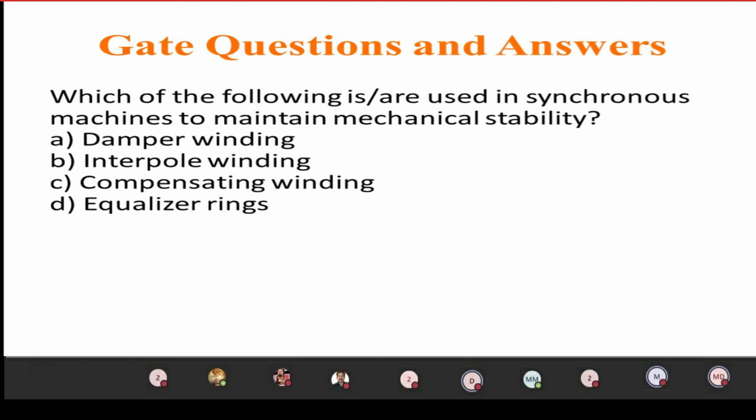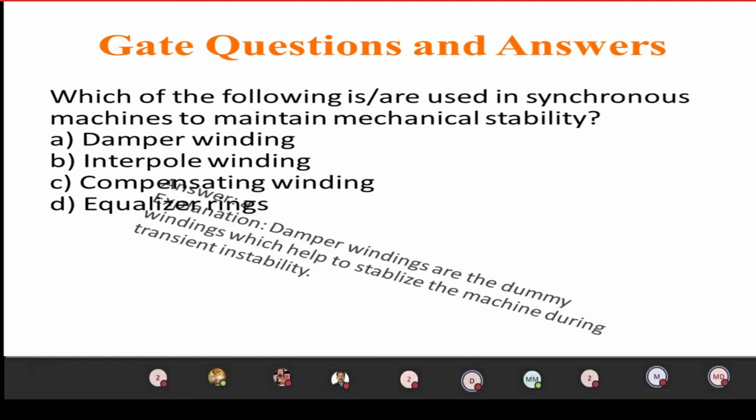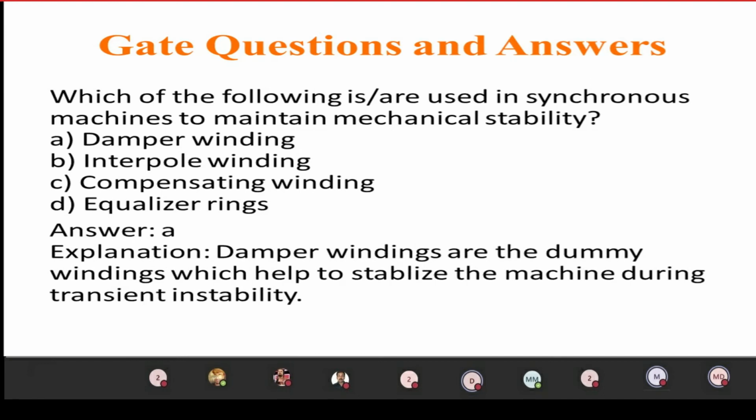Let me choose A, damper winding. Damper winding, or dummy winding, helps to stabilize the machine during transient instability. When does transient instability arise? During a sudden change in load.